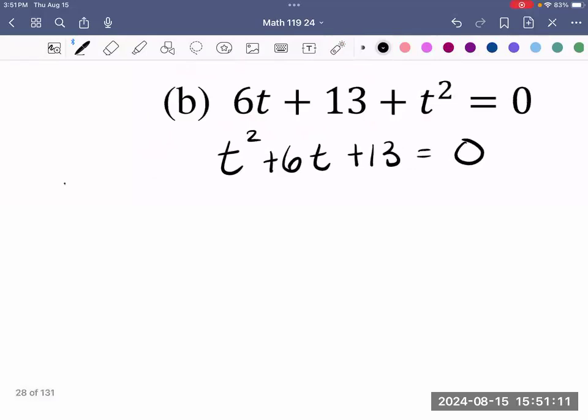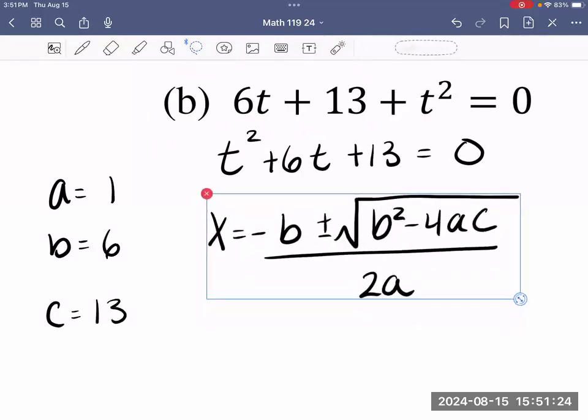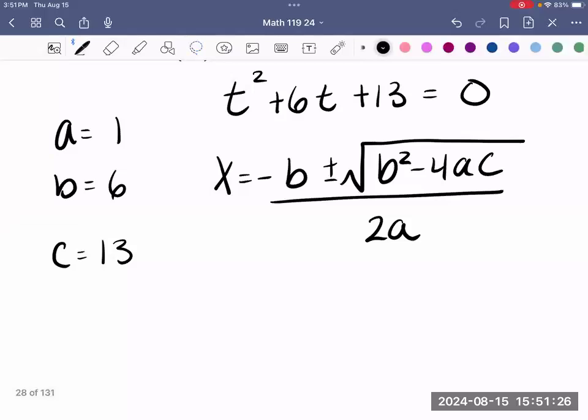And that way, when you go to do your ABCs or put it into your quadratic formula, you're not actually swapping your values. It happens more often than you think. Okay, so let's go ahead and put these values in.